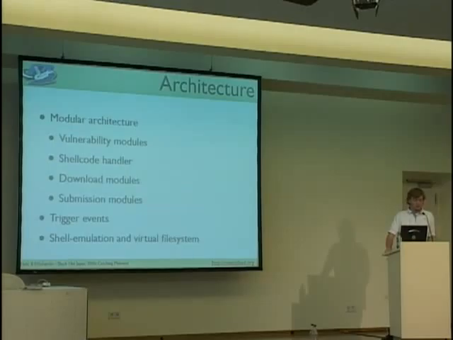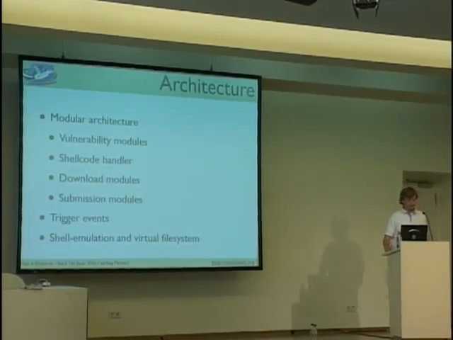So this daemon has a modular architecture because we realized as there are a lot of new vulnerabilities coming out each month, we need to have a simple way to extend the daemon. And we have separated the work which is to catch a single bot into different kinds of modules. First of all, there are vulnerability modules, which actually simulate the real vulnerability. Of course, then there's the payload and the vulnerability, which contains a shellcode.